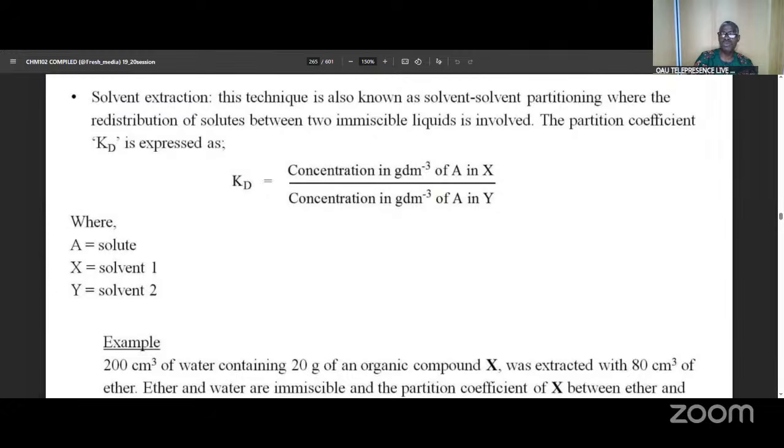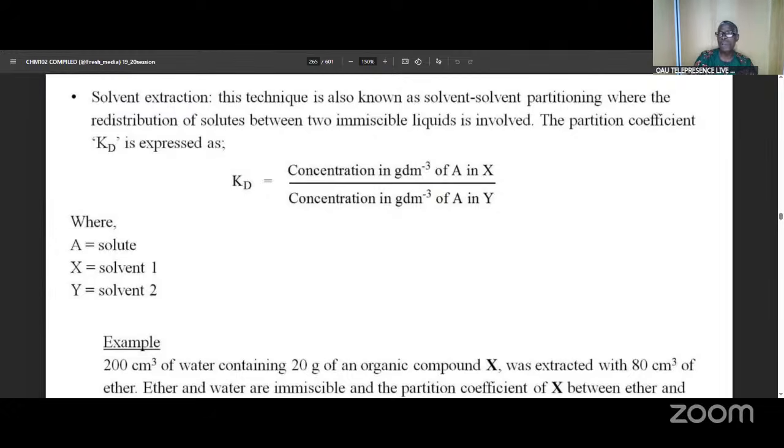That is, we have two liquids that are not miscible together. So you can't use water and ethanol because they are miscible. For solvent extraction, you use two immiscible liquids, and then you dissolve your compound of interest, which is soluble in one and possibly insoluble in the other.